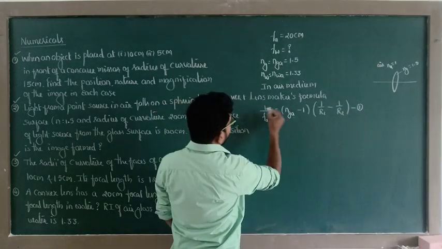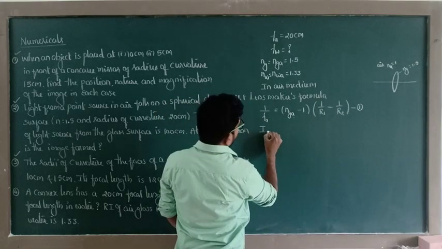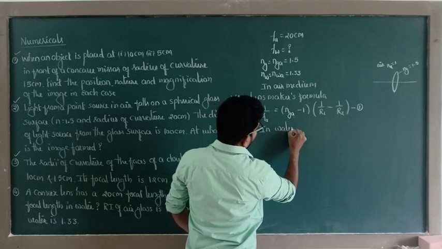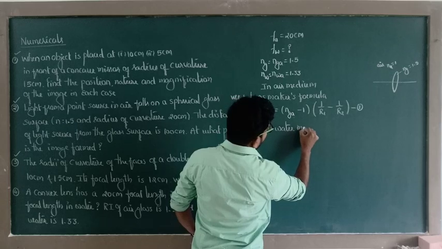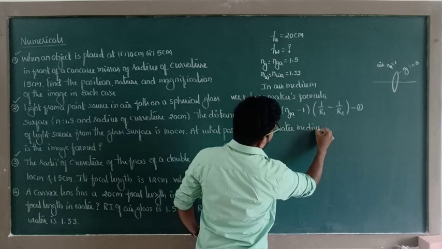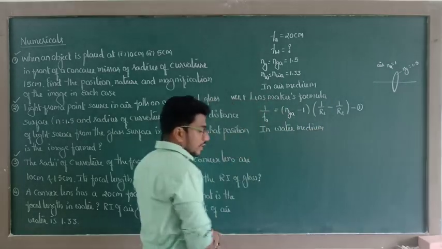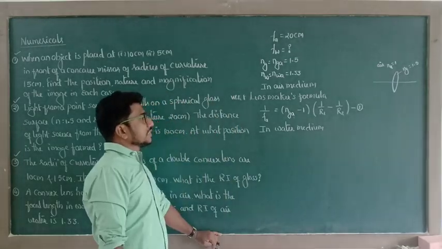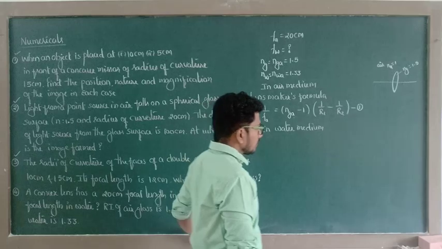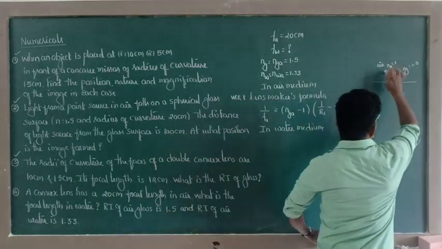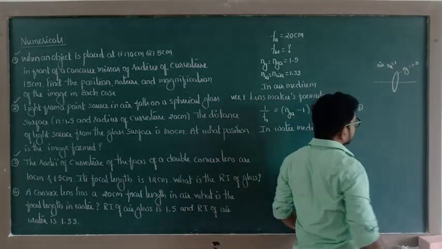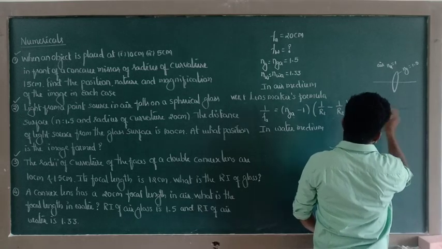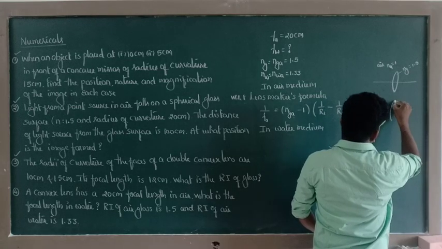Similarly, in water, so when that lens is immersed in water, refractive index of first medium, here first medium is air, second medium is glass, and the lens is immersed in water, convex lens.